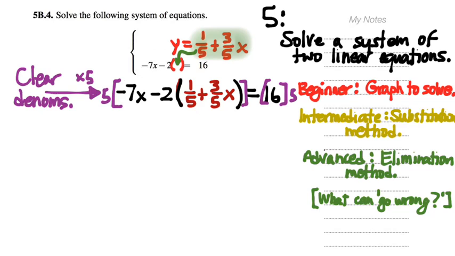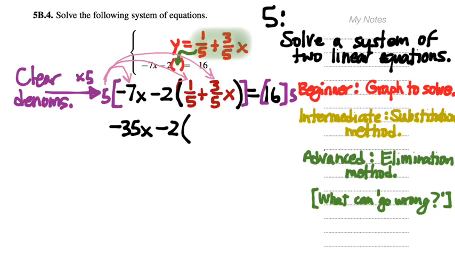Don't forget, though, that when we do that, we have to distribute. This multiplication by 5 distributes to every one of the terms inside of my brackets, so that what I'll end up with is 5 times -7x will be -35x, minus 2, and I didn't do this distribution.